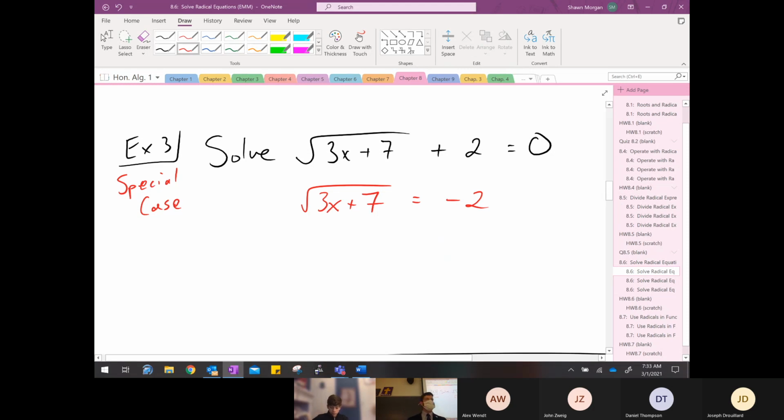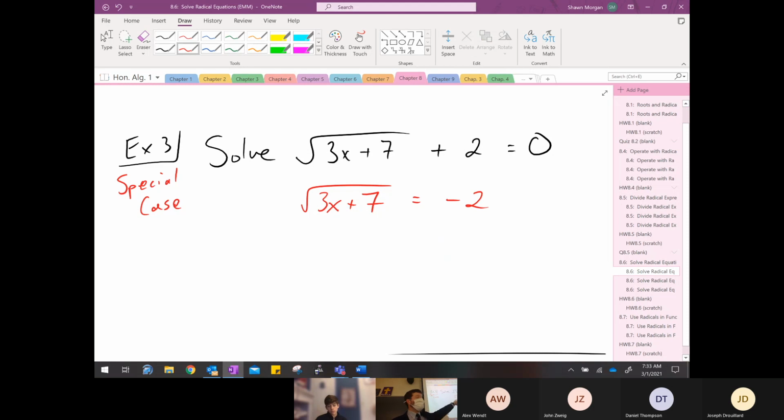What is the issue here? Why did I just write something weird on the screen? Because the square root of a number is non-negative. We said that day number 1 when we started this section on radicals, this chapter. The square root is defined as a non-negative number.